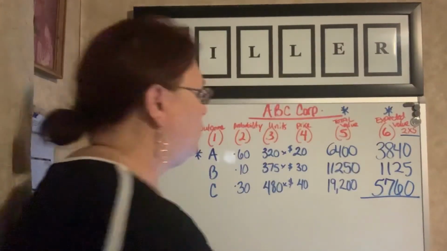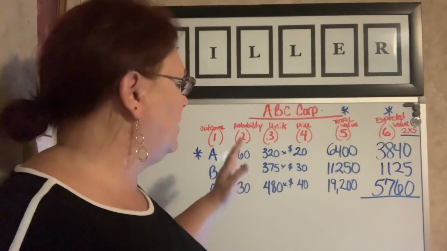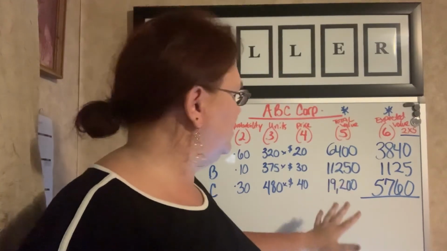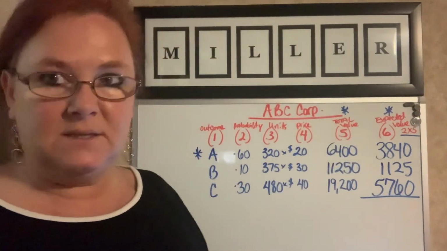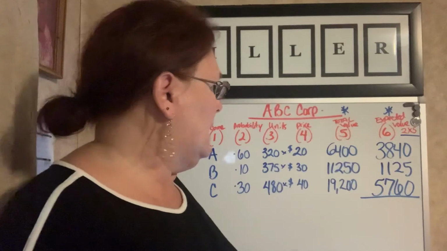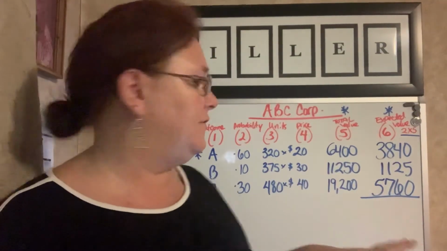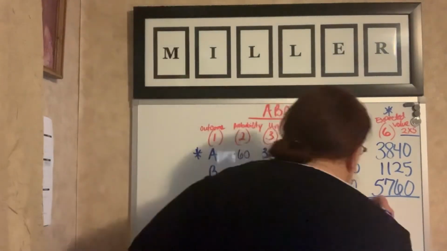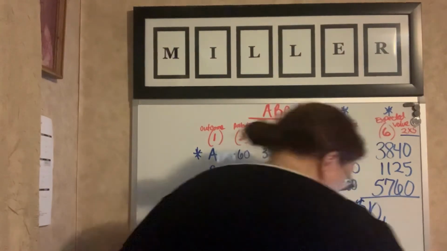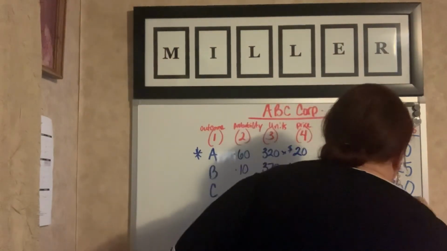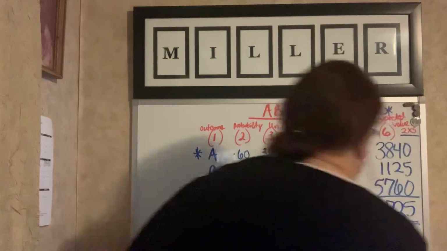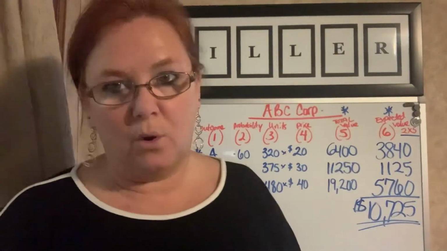So when we're talking about the entire sales projection, we have to add column 6. If you add 3,840, 1,125, and 5,760, you should get 10,725. And that is your answer.